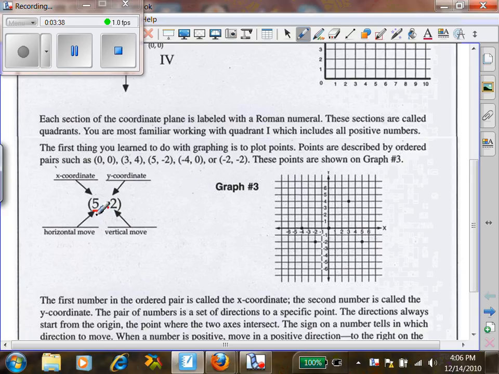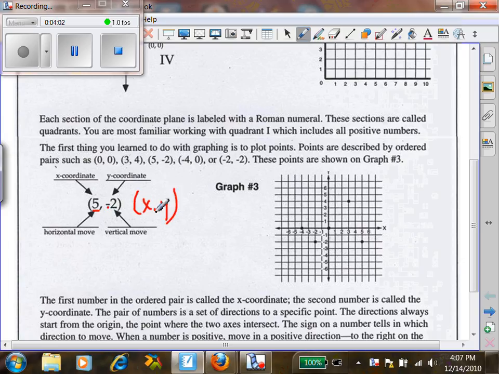Your first number is your x-coordinate or your x value. That number tells you where to go on the x-axis. Your y-coordinate, which is the second number, tells you where to go on the y-axis. And then you plot that point. So it's always x followed by the y.